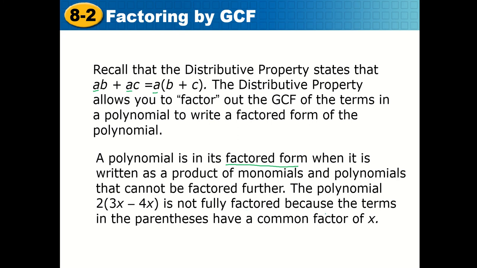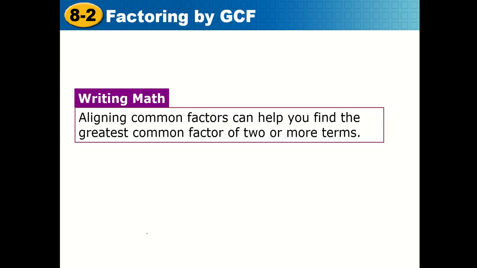Hopefully before you read the rest of it, you can see it's not fully factored because it has an x in both of them that I can take out, because the terms in the parentheses have a common factor of x. So the fully factored term would be 2x times 3 minus 4, or essentially 2x times -1, really, because that now becomes a number.